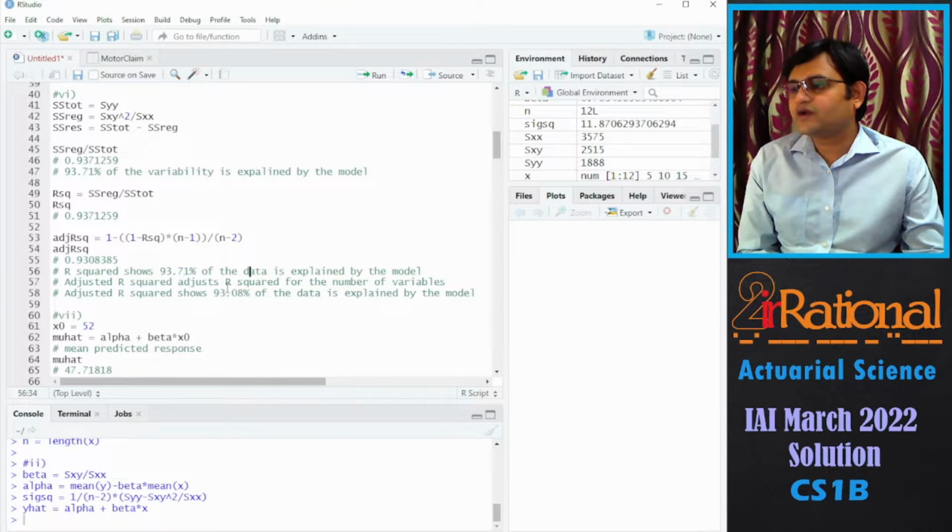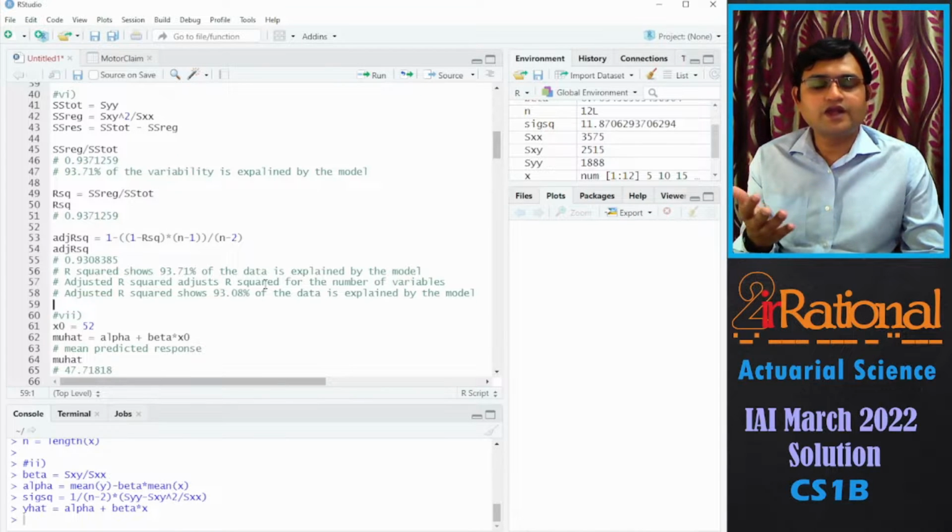Adjusted R square adjusts R squared for the number of variables. Adjusted R squared shows 93.08% of the data is explained by the model. So this is what we can comment from these values. You can also write that a linear model seems to be a good fit for the data.